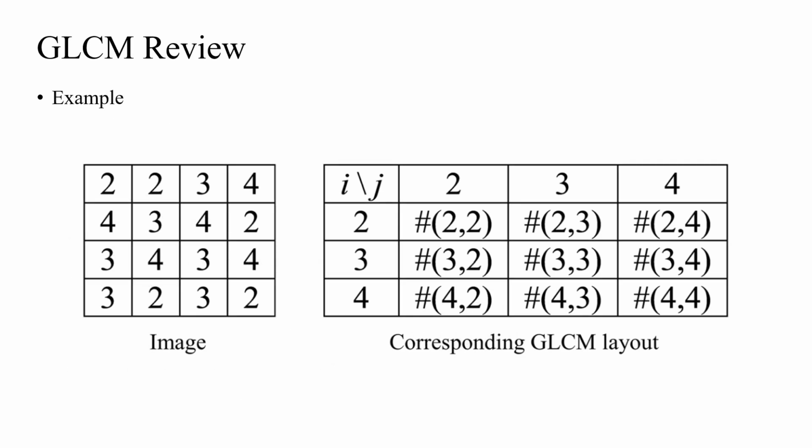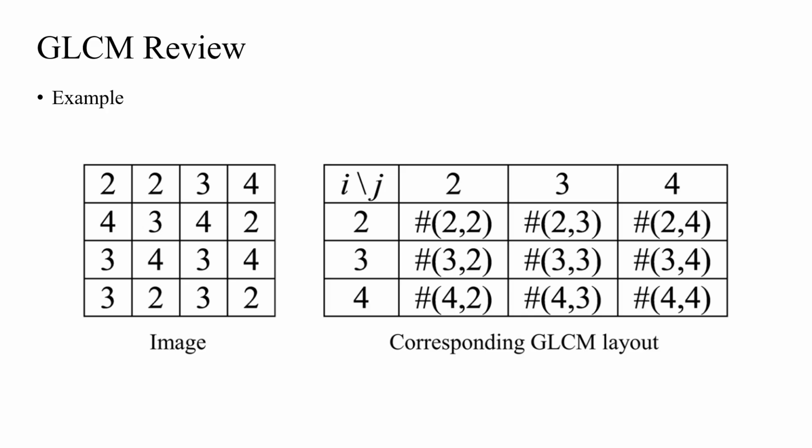Let's go through an example. On the left, we have a 4x4 image with 3 grade levels from 2 to 4. On the right, we have a 3x3 GLCM layout for this image, where each value in the matrix represents the number of pixel pairs with a unique grade level combination.